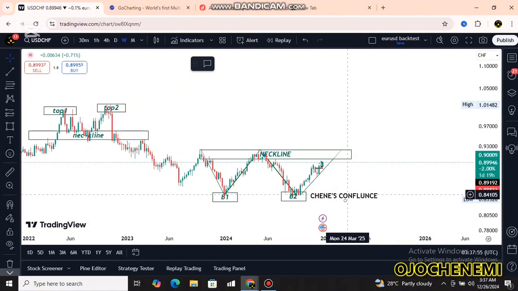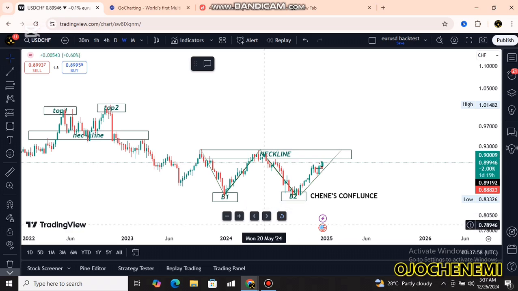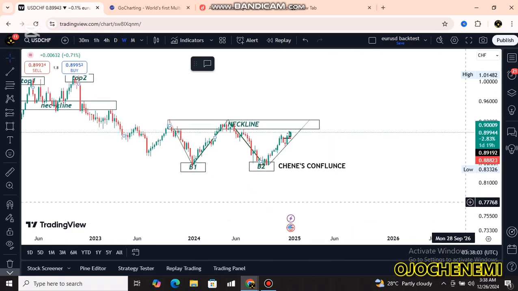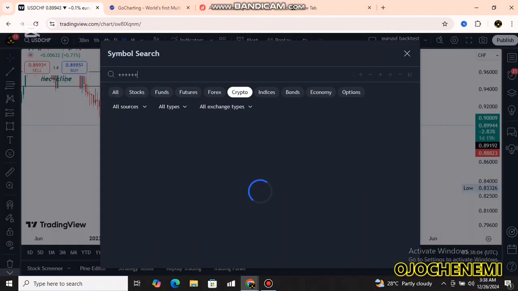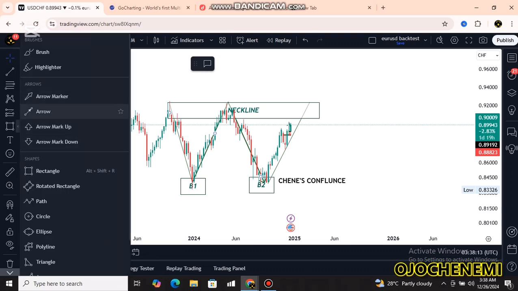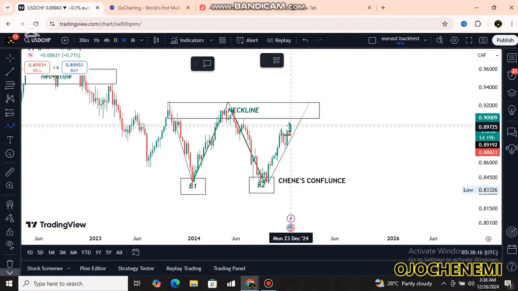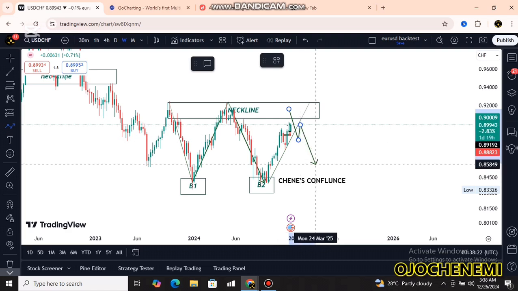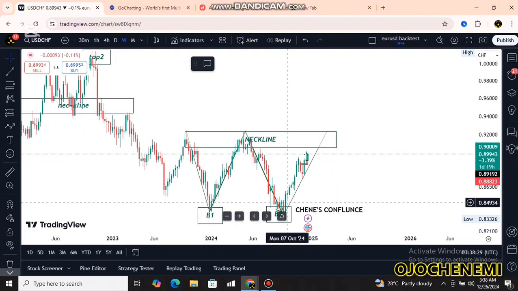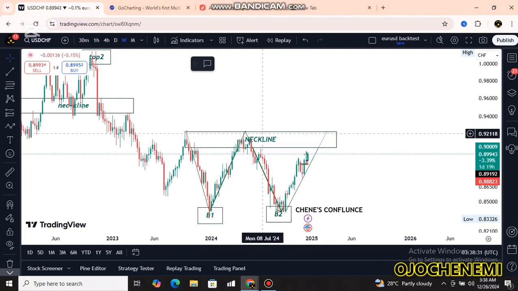Here will be our neckline. So here is our neckline. So what am I expecting on this neckline? Since I'm seeing a higher high here, it has already given us a new high. It has broken above this previous high.